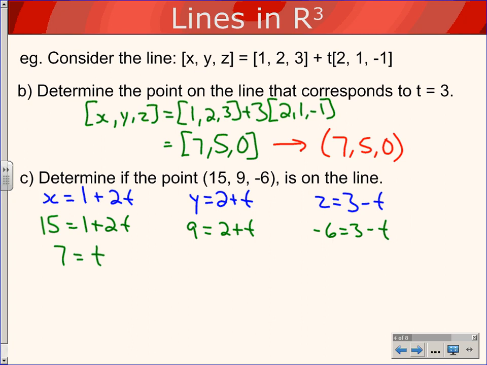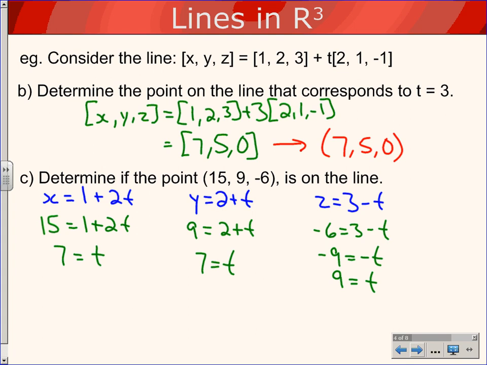That's what that tells you. And that worked for this one too. 7 equals t. So if t is 7, we're also going to get a y value of 9. So if t is 7, we get the 15 and we get the 9. And this one, we didn't get 7. We get t equals 9.